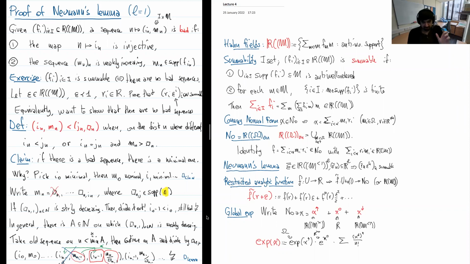That's the biggest change. Let me think. I haven't actually thought about this style of proof in the several variable case, but that's the only difference. What matters is that you have a meaningful way of well ordering this set of indices.